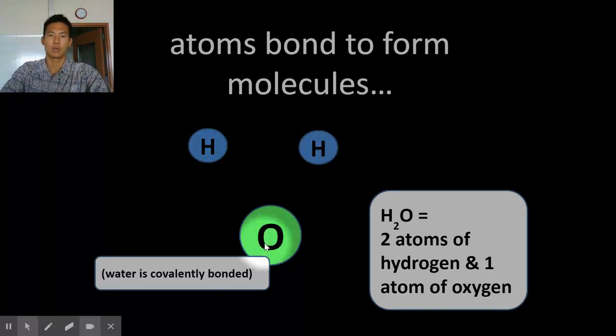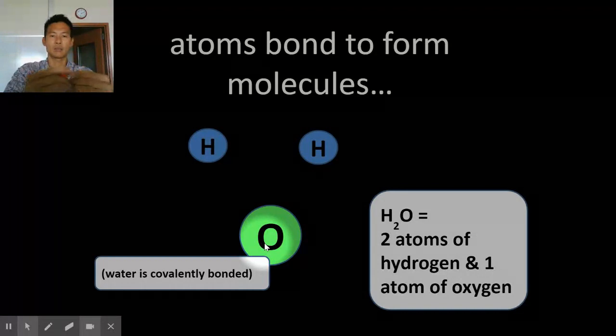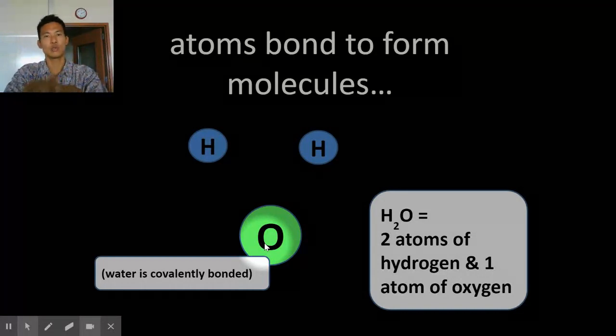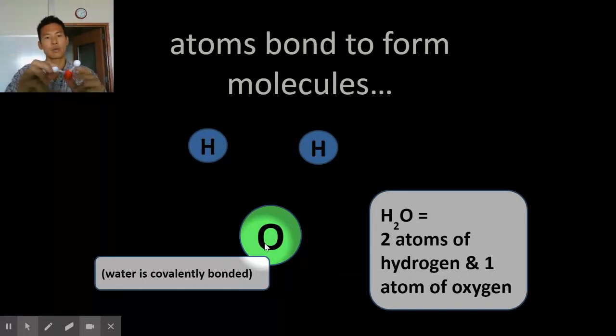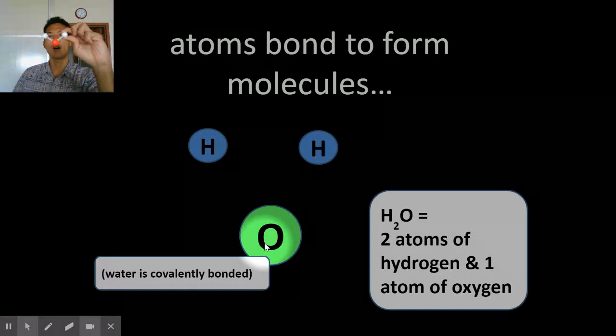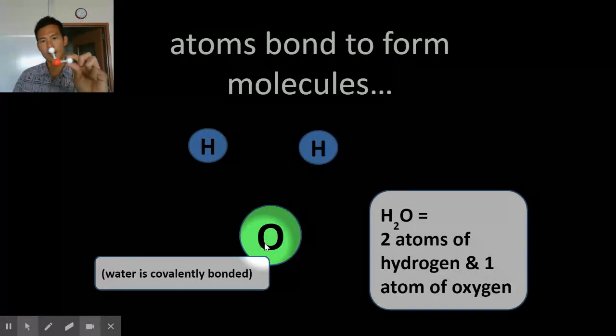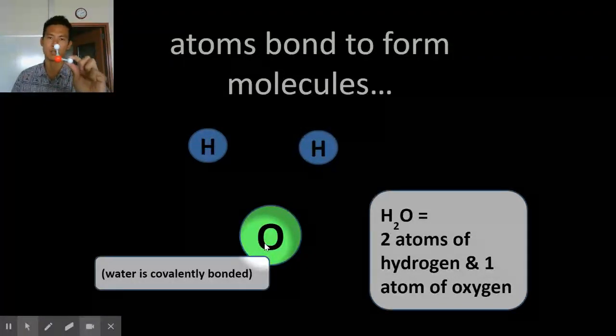If I combine oxygen with 2 hydrogen atoms, this new unit now possesses the charges of 3 atoms, 1 oxygen and 2 hydrogen. Since the charges have changed, so do the properties of this molecule.